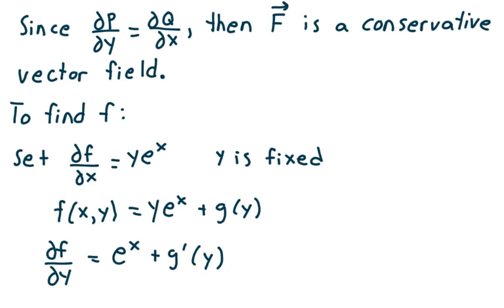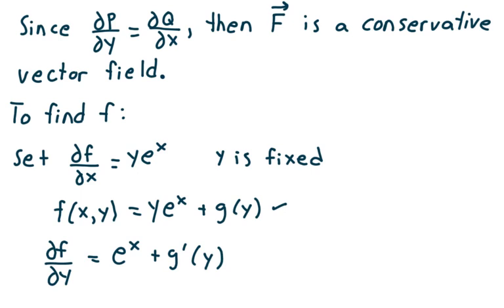And so f of xy is equal to ye to the x plus g of y. And from here, we want to take the partial of f with respect to y. Well, the partial of f with respect to y is equal to e to the x plus g prime of y.